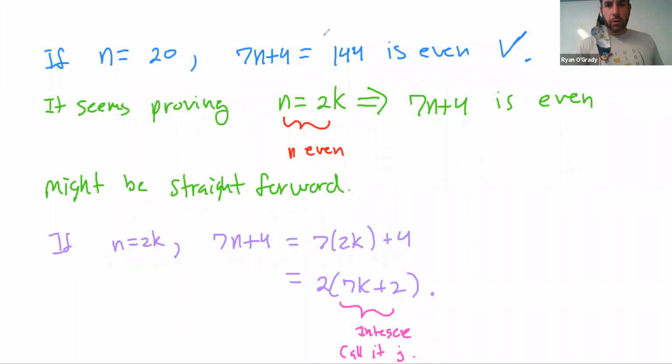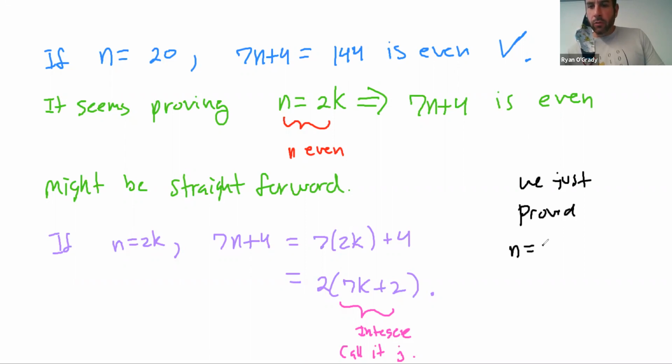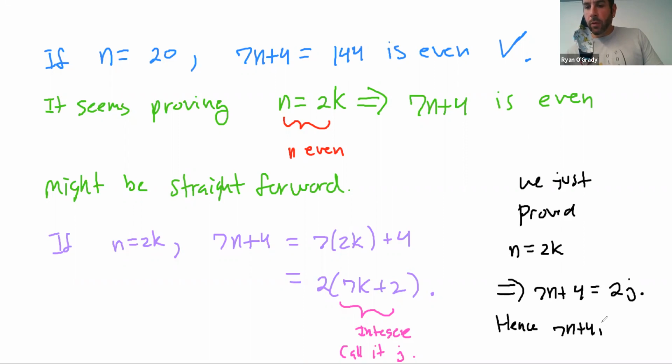What we just showed, and we're going to write this up in a polished manner in a little bit, is that n equals 2k implies 7n plus 4 equals 2j. Hence, 7n plus 4 is even.